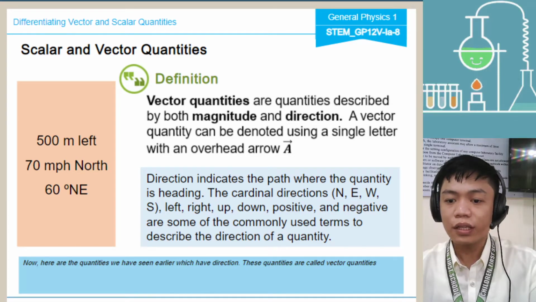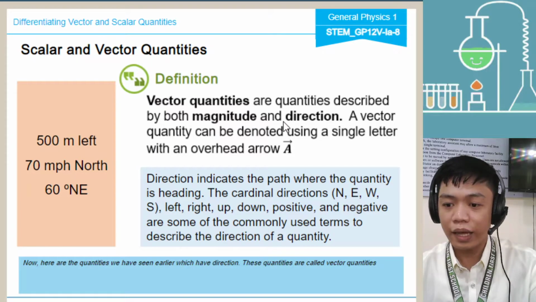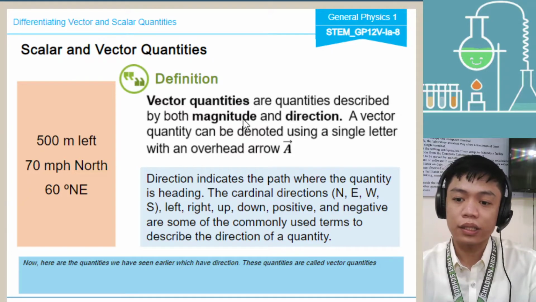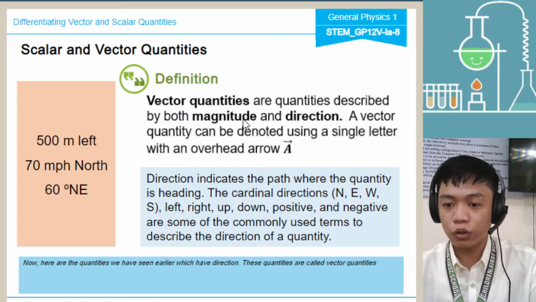Now, let's proceed with the vector. Vector quantities are quantities described by both magnitude and direction. A while ago, we discussed scalar quantity. It has only magnitude and a unit, right? But vector quantities have direction.